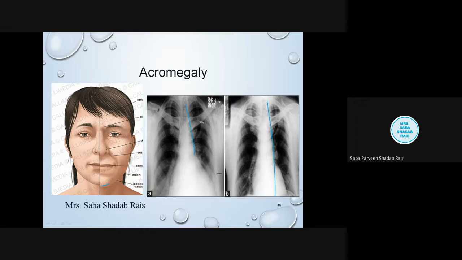will enlarge. Not all the visceral organs will enlarge. In the earlier case, we all have seen that their visceral organs were disproportionate and all enlarged inside. But in this case, the visceral organs which are related to the metabolic activity will all enlarge in size.